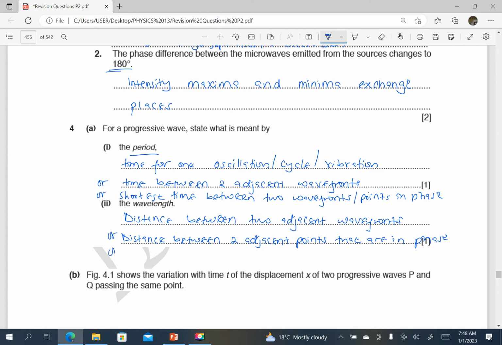We say this is the distance moved by the wavefront during one cycle. So that is the wavelength.